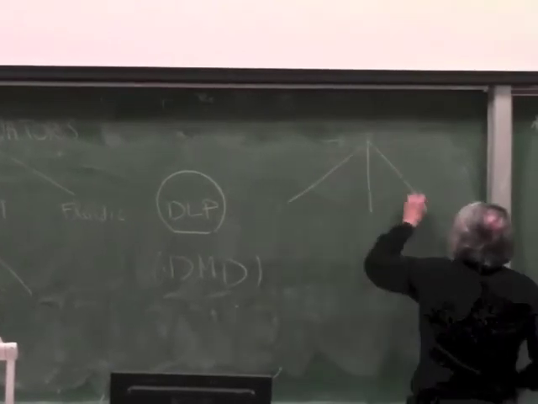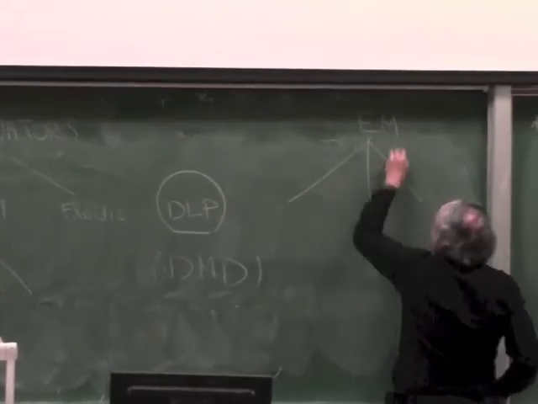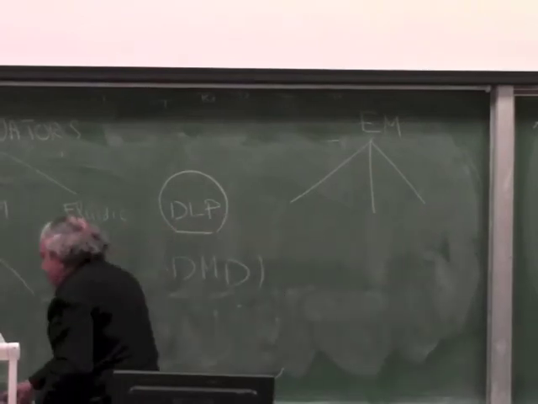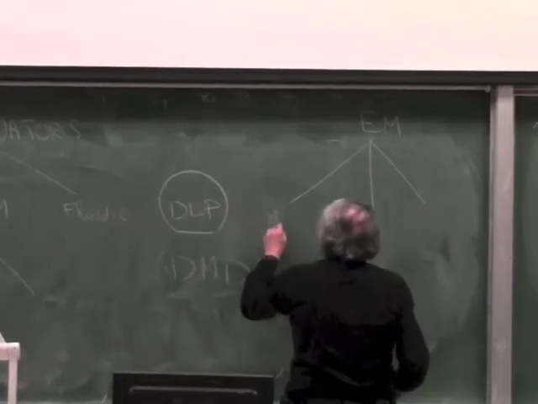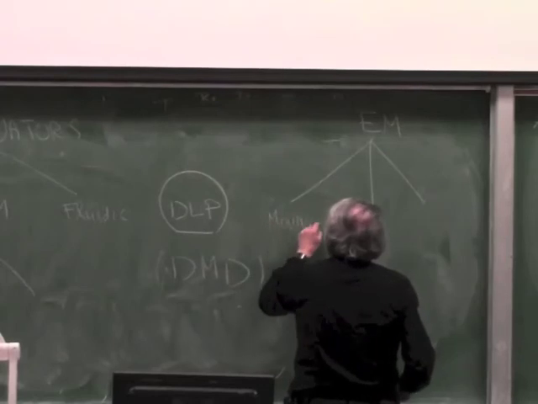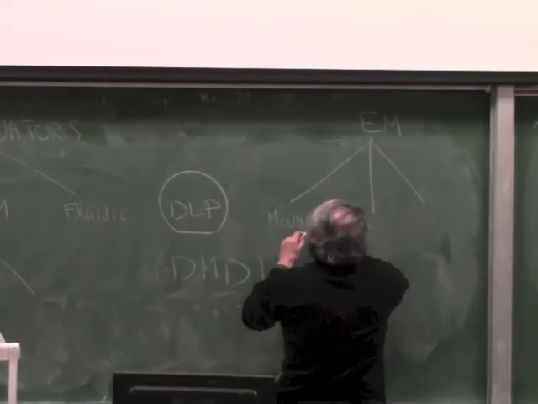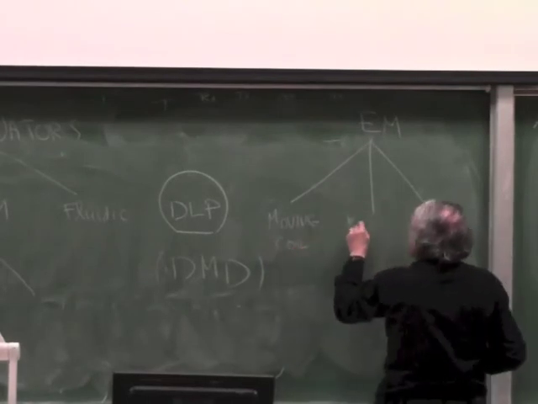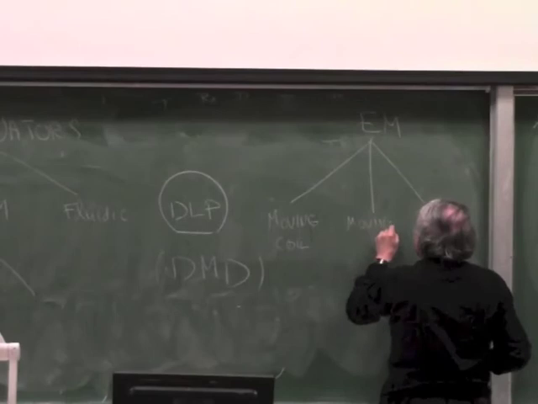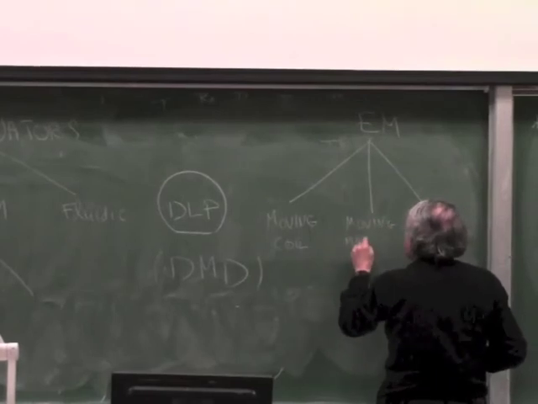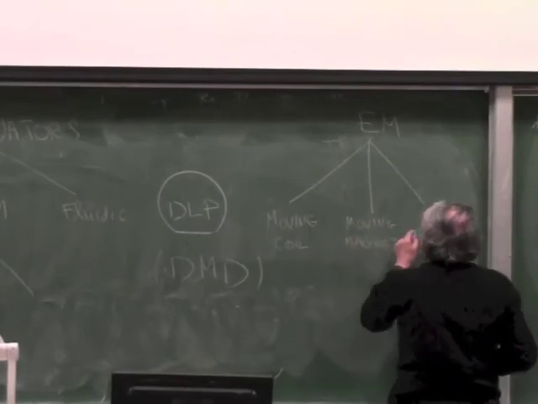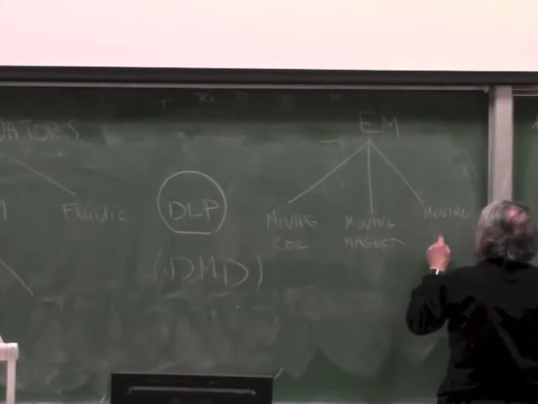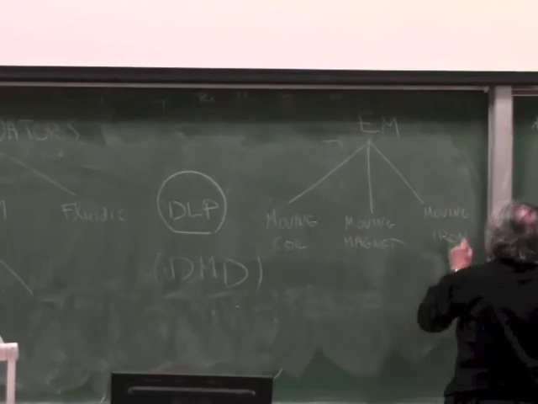So this is electromagnetic actuators, and the 3 flavors are moving coil, moving magnet, and the last one is moving iron. And the name says it all.